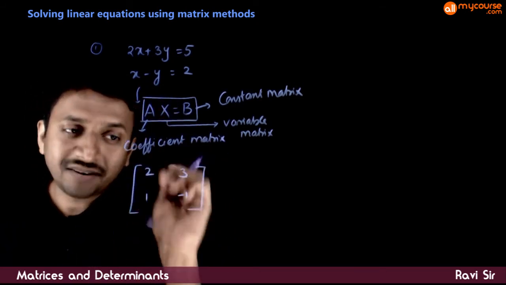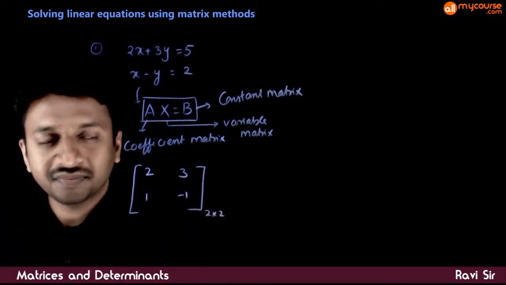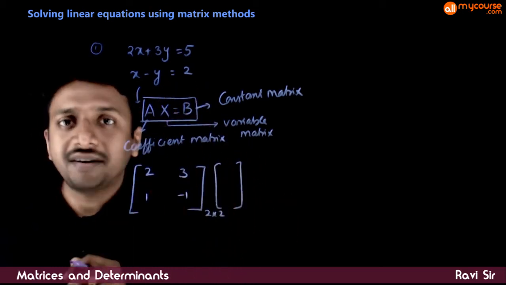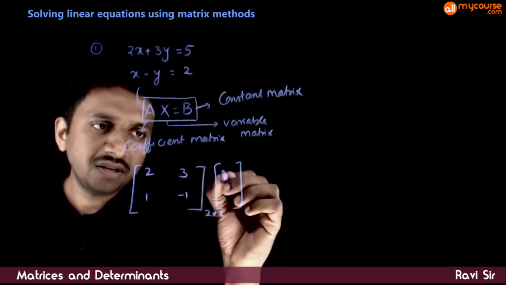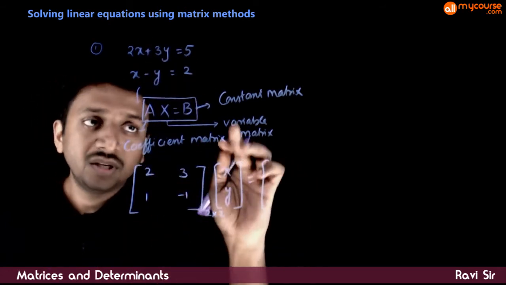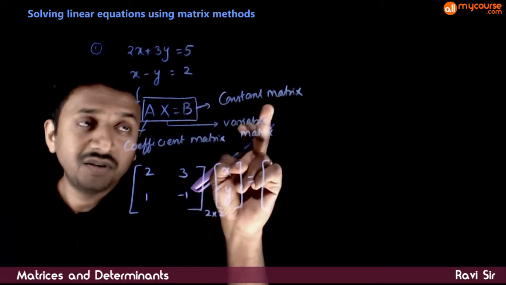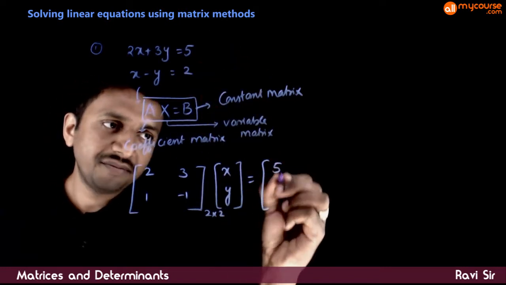The coefficient matrix is usually a square matrix. Next you have the variable matrix, which is a column matrix. What are the variables in this equation? X and Y. This is equal to the matrix B, which is also a column matrix, called the constant matrix. That is the constants 5 and 2.